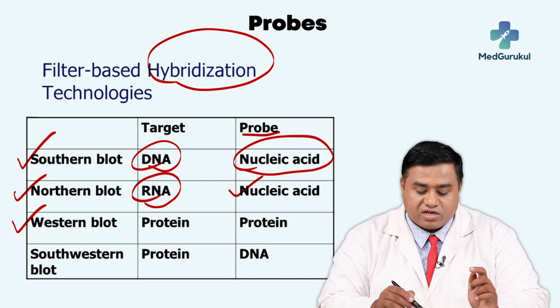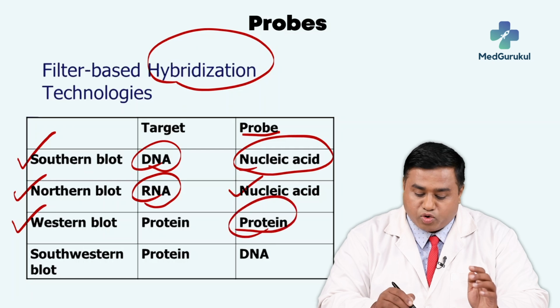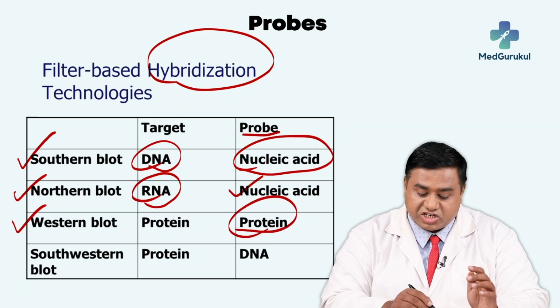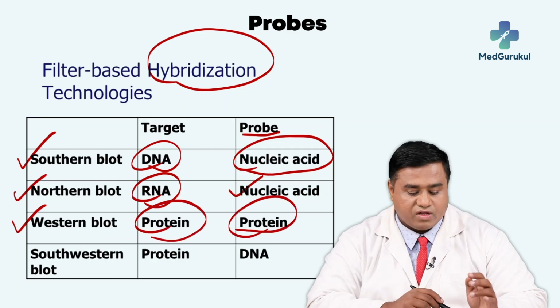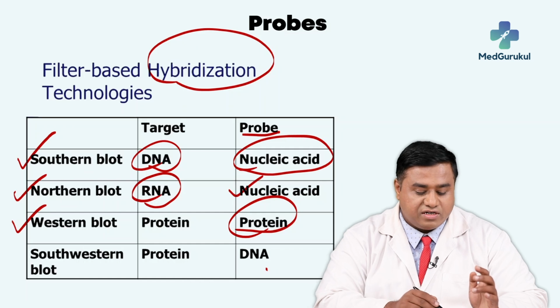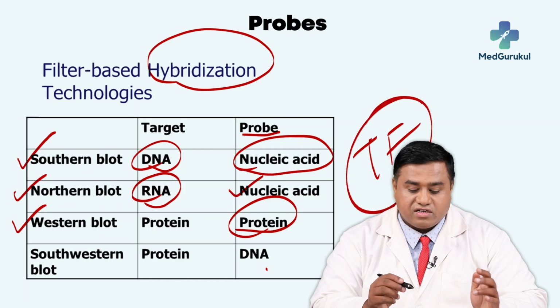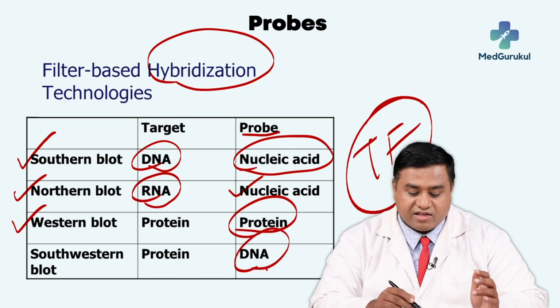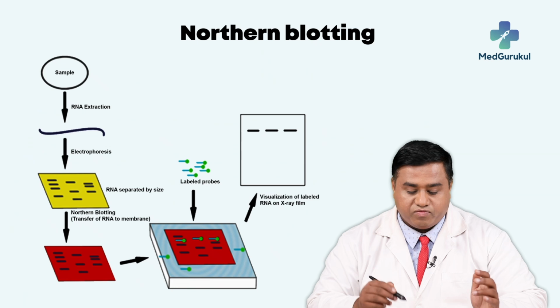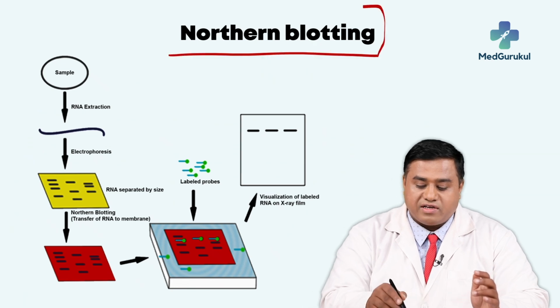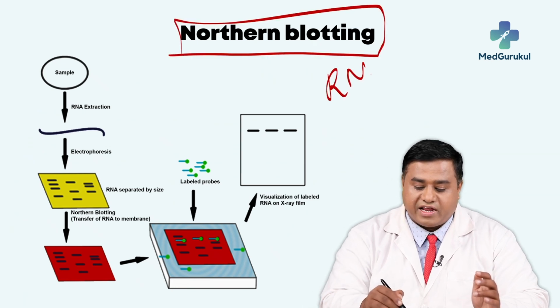In western blot the probe is protein and the detection is again protein. Southwestern blot is basically used for detection of transcription factors, where the probe is DNA and the target is protein. So, northern blot is a technique for detection of RNA.